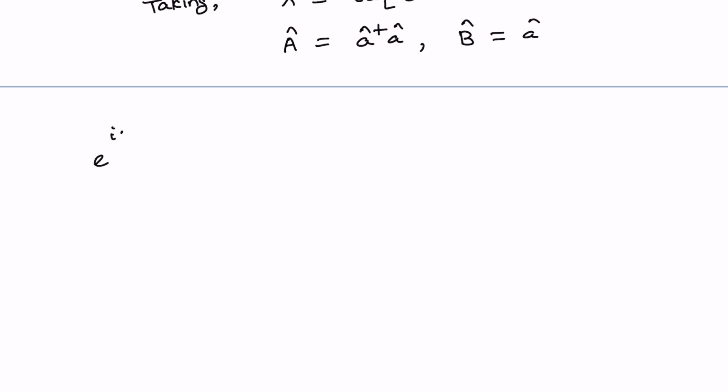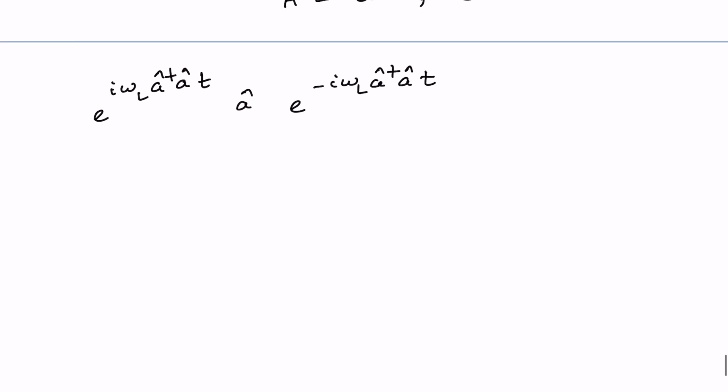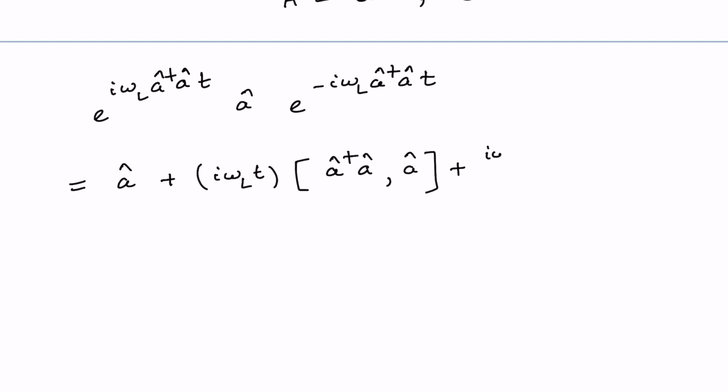So let me write e to the power i omega_L a† a t, a, e to the power minus i omega_L a† a t, and this is going to give me first term a plus i omega_L t times the commutator between a† a and a. Then I have (i omega_L t) whole squared by 2.